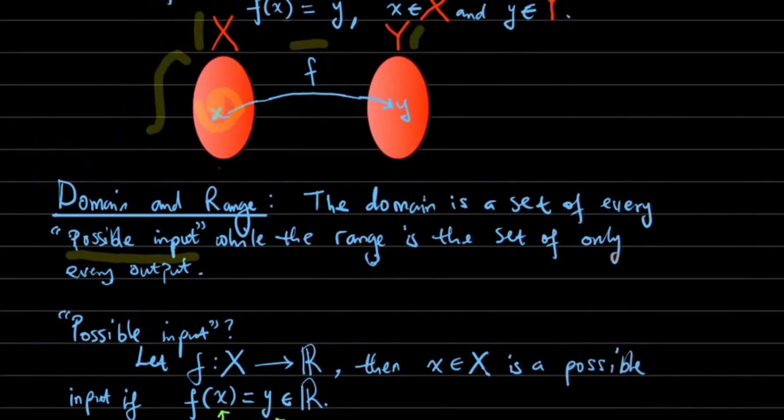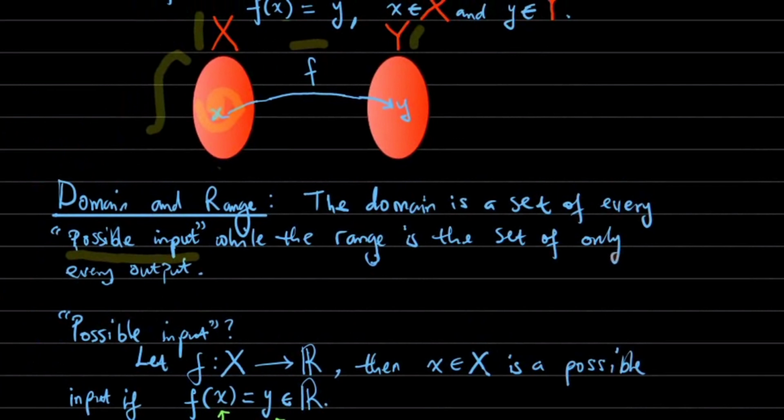We talked about the codomain: Y, which is the second set, is the codomain, and it stores the output of the function. But the range seems to be a special part, like a subset of the codomain, because we said that a range is the set of only every output.